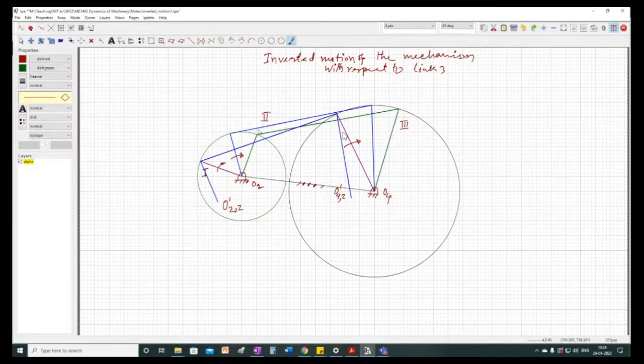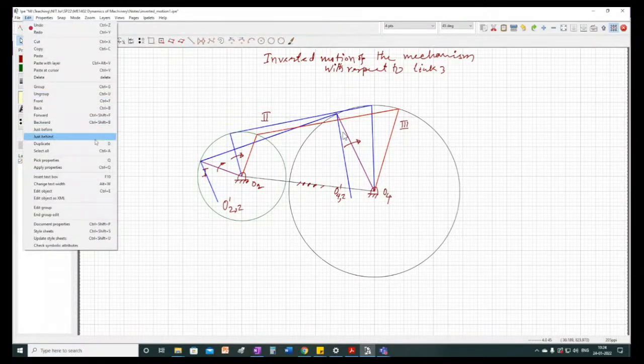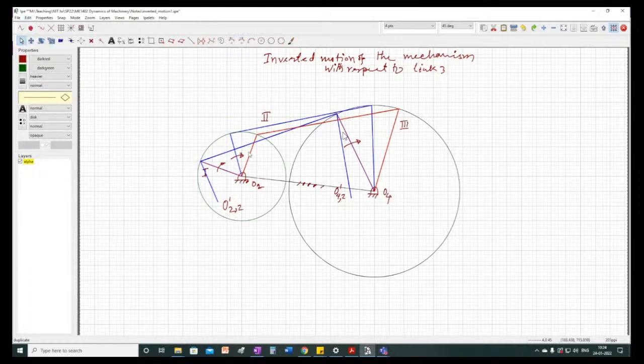To do that, first we will copy this. We'll copy the link positions. Okay. So we have selected now. We are copying it. So this copy you can make on your trace paper. Now we will move it to the first position.